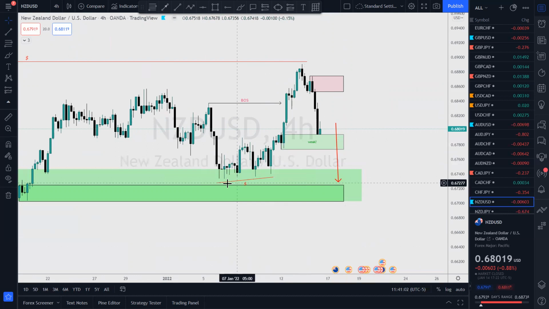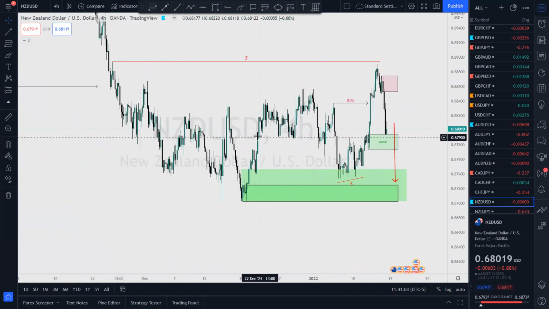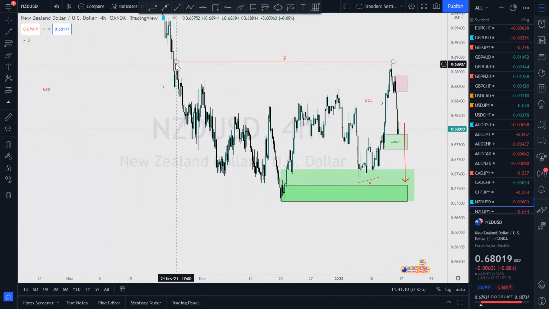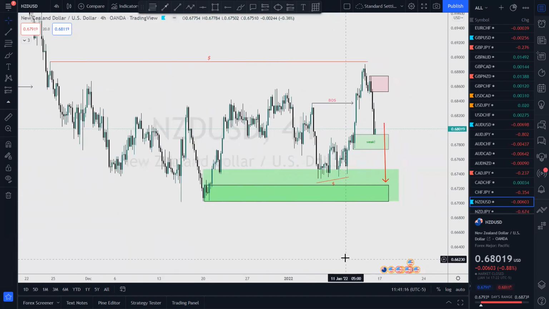There's liquidity to get lower on the lower side. We've already swept the highs here and left one high here. So, is price going back for that one and turning the NZD much stronger than the US dollar?